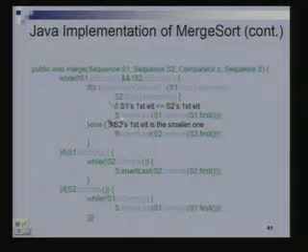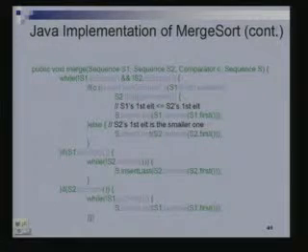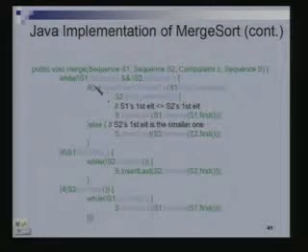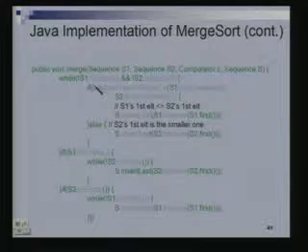You are essentially repeating this. If this is not true, then you will remove the first element of S2, insert it into S, and you keep repeating this till either of S1 or S2 becomes empty.